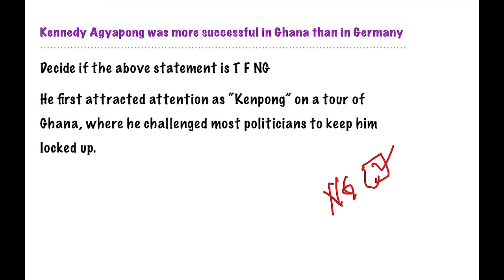In this statement, the question is, can we really make a conclusion with the information given in the sentence that he was successful in Ghana? No. Was he even successful in Germany? We do not know. So anytime it is difficult for you to conclude or take a stand, then it is a not given.